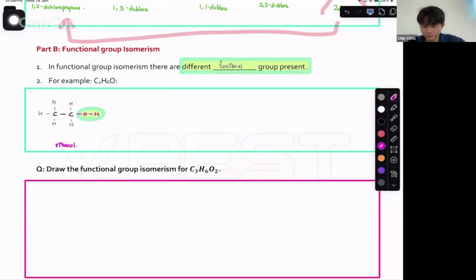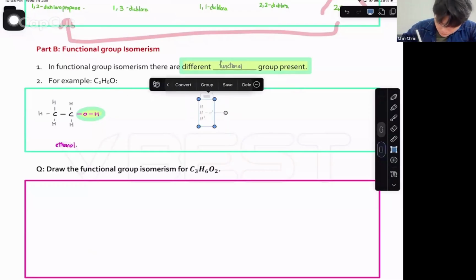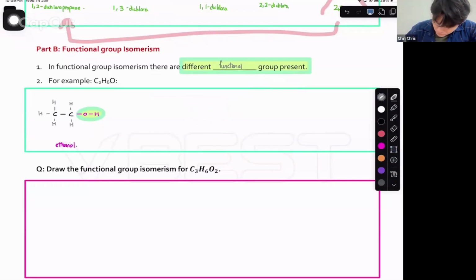All right, the second part, we have dimethyl ether. So what's an ether? The functional group is in between the C, like a COC, clash of clans. COC, ding ding. So COC, we call this an ether, but ether is not in the syllabus.